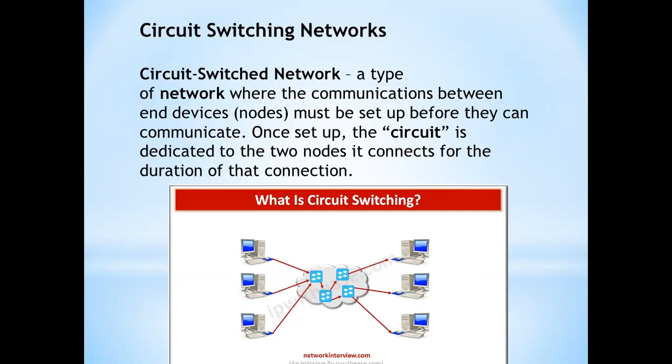After the link has been set up between the sender and receiver, the information is forwarded continuously over the link. After the link has been set up, no additional address information about the receiver or destination machine is required. In circuit switching, a dedicated path is established between the sender and receiver, which is maintained for the entire duration of the conversation, as shown in the figure.